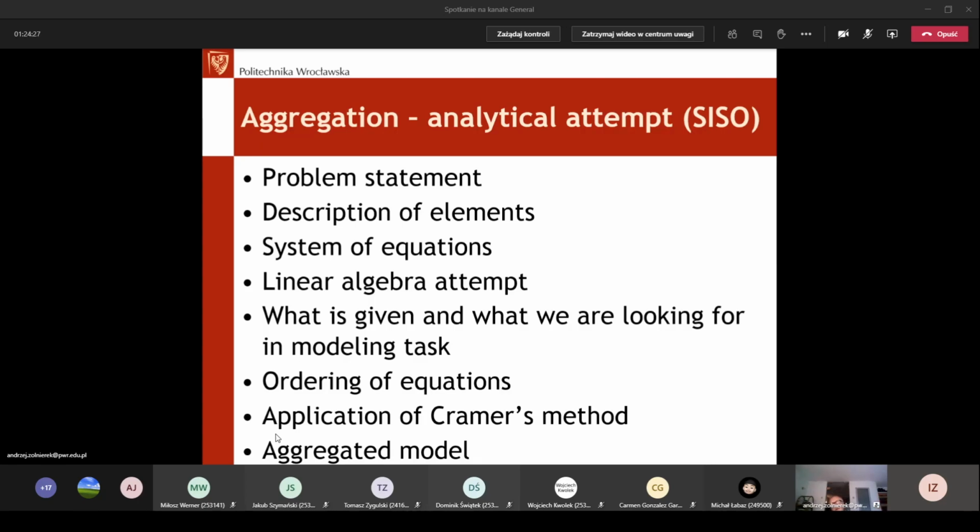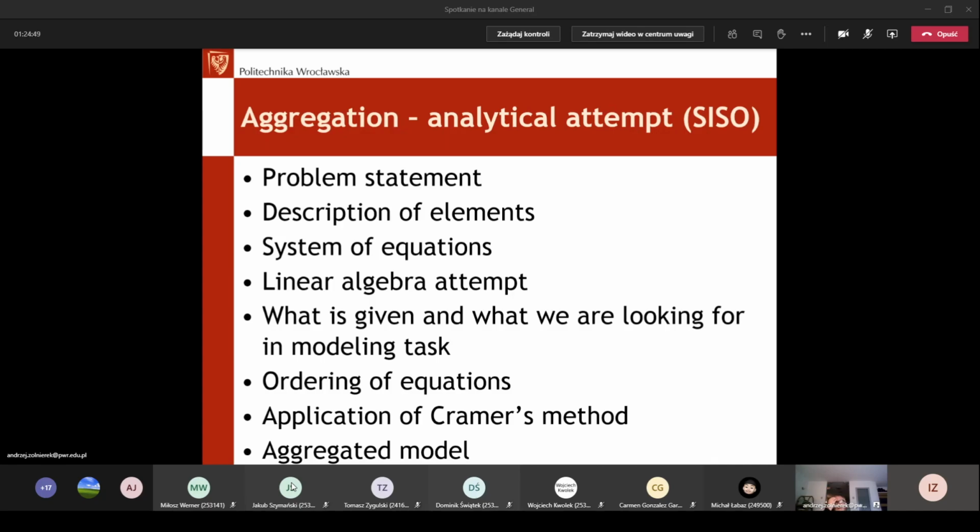But now I would like to show you analytical procedure, general attempt in the case in which we deal with single input, single output elements.